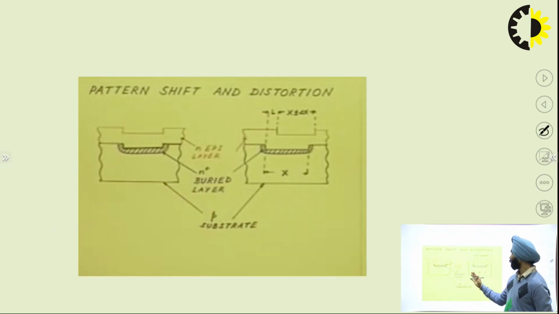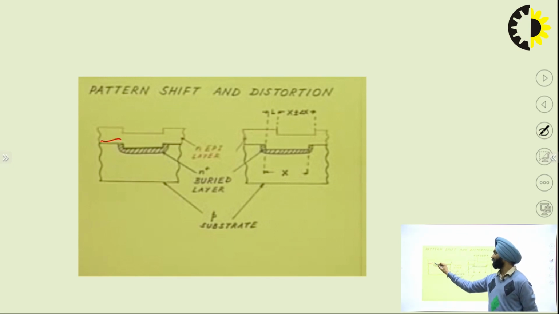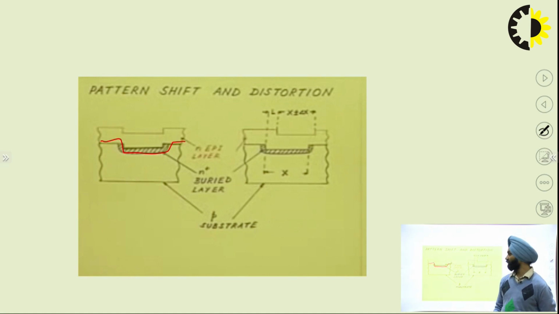Like here, if we see, this is the substrate that we have created, and another layer is created which is a buried layer for the creation of the junction. Now, when another layer is grown over here, due to the diffusion of the buried layer, the layer that will be the epitaxial layer will be shifted by some value.